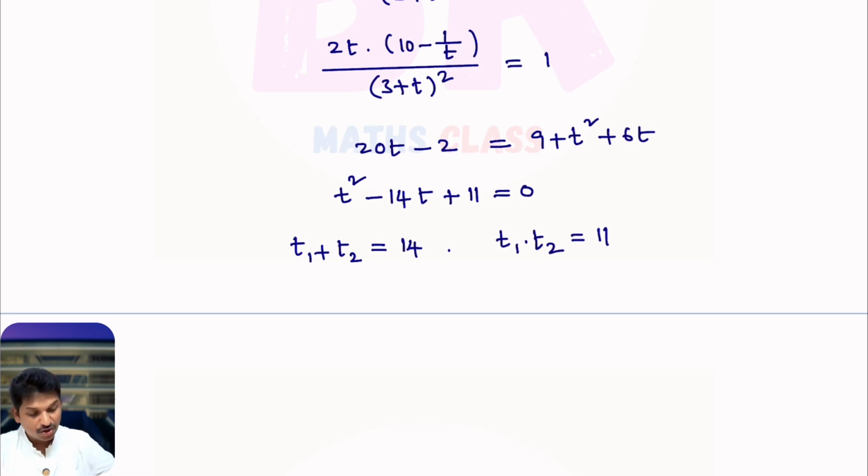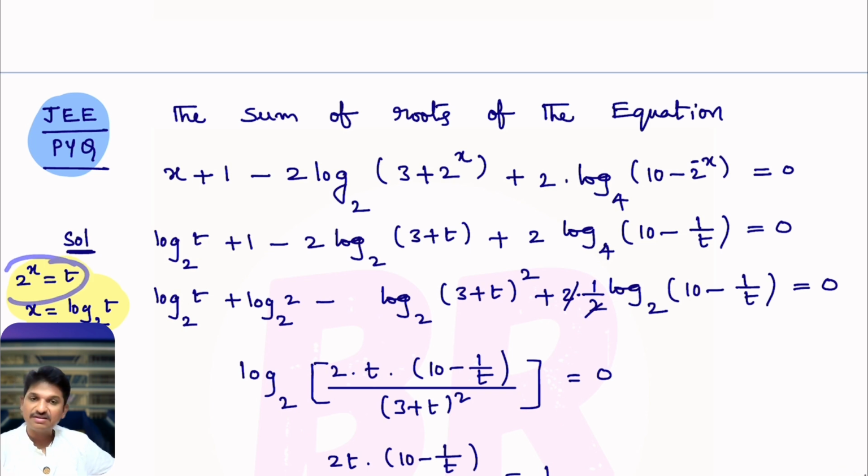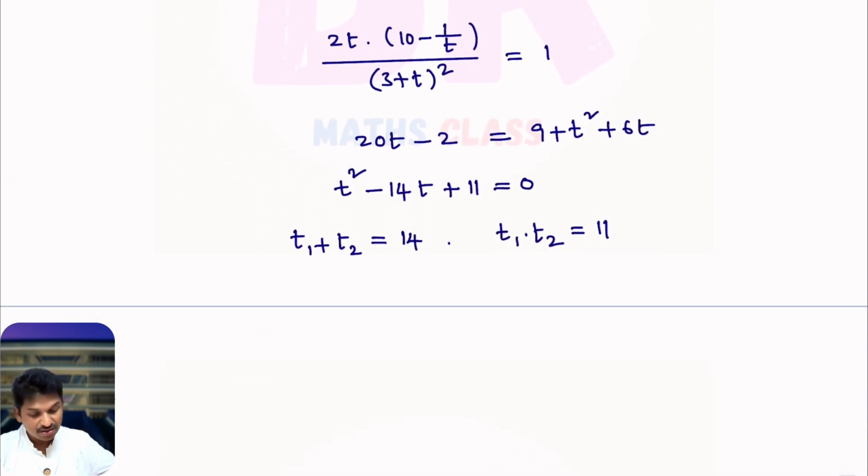Actually, what is t? You see here, t is 2 power x. t1 is what? 2 power x1, right? 2 power x1 into 2 power x2 equal to 11. As bases are equal, powers should be added. 2 power x1 plus x2 equal to 11.